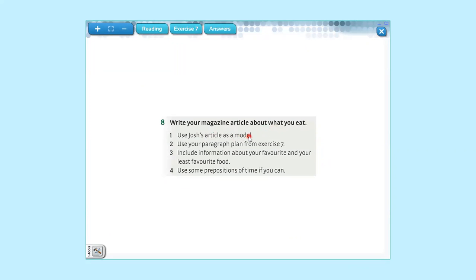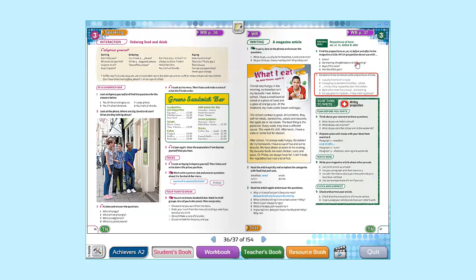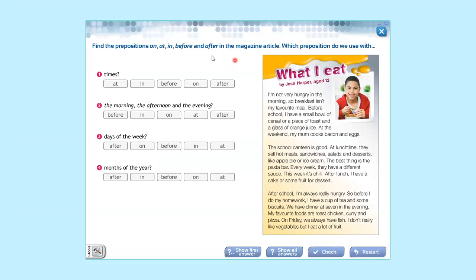Okay, you can use the model, the paragraph from the exercise, and include your information about your food, about your house, about your reality. Okay, and what is the additional information that we are going to include here? Attention to the following.